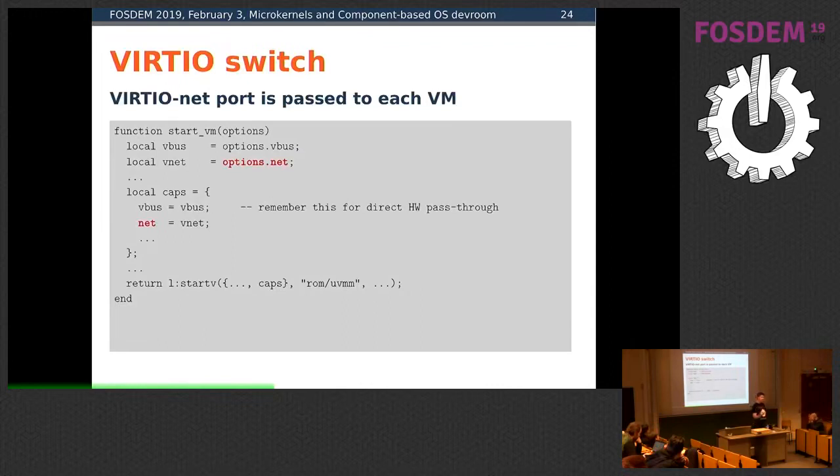We pass it some table with some keys, and one of them is hopefully net, which is the capability created by the start_virtio_switch. And here we can see how this capability is actually passed to the uvmm process. Also remember this vbus line, as we will need it a little bit later when we do hardware passthrough to the device.